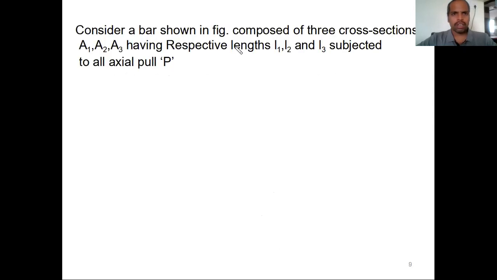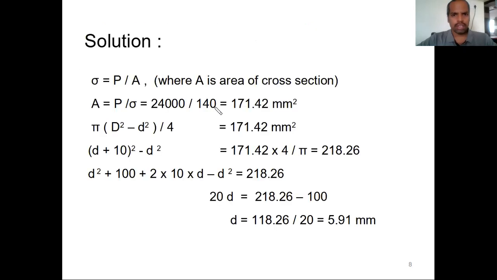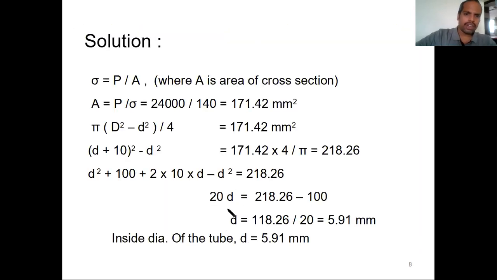Then the outer diameter. Once the inside diameter is calculated, outer diameter D is equal to how much? It is 5.91 plus 10 mm, which is nothing but 15.91 mm.